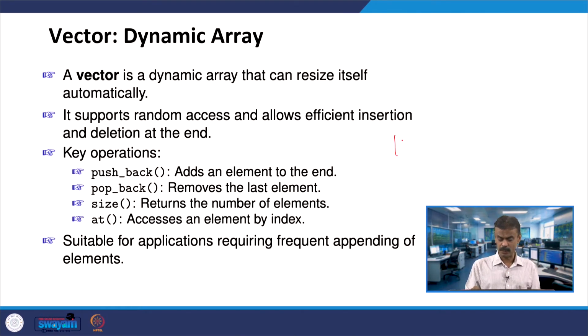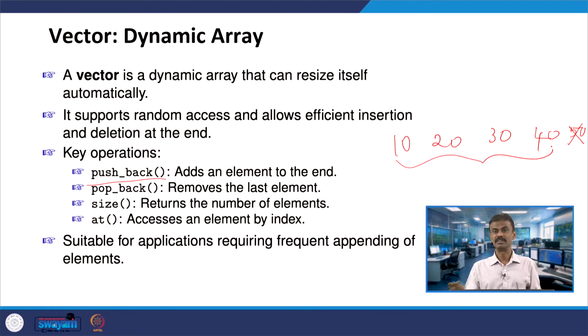Suppose I have 10, 20, 30, and I use push_back with 40, I am inserting the element 40, so that will add 40 here. One more time I call push_back by passing 50, I will insert it. Now, pop_back removes this last element. Size returns the number of elements; right now the number of elements is 4, as 50 has been removed.